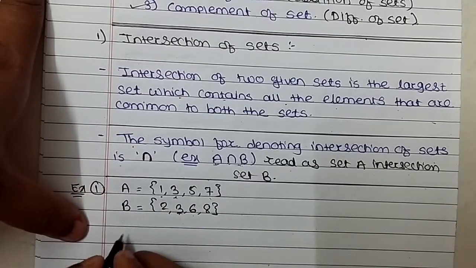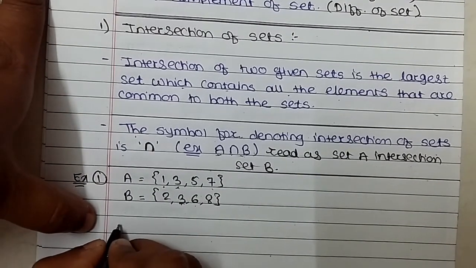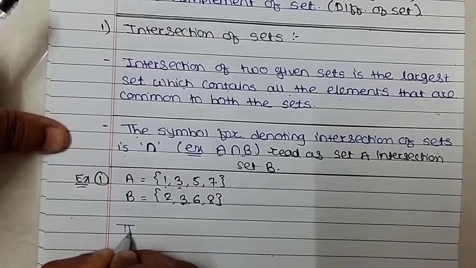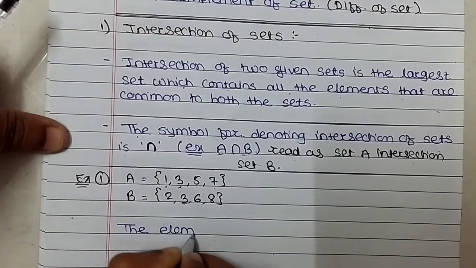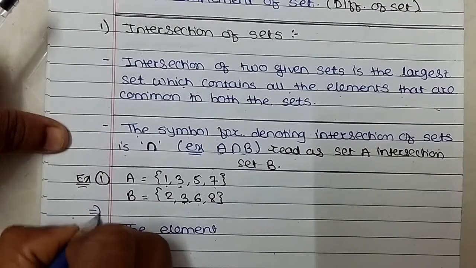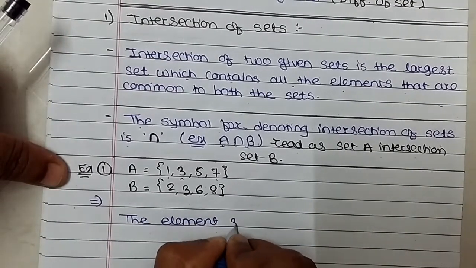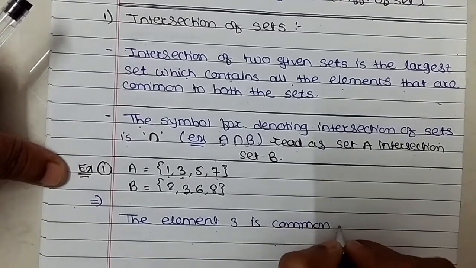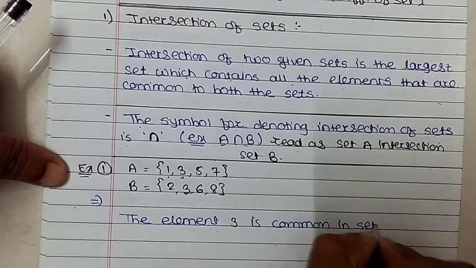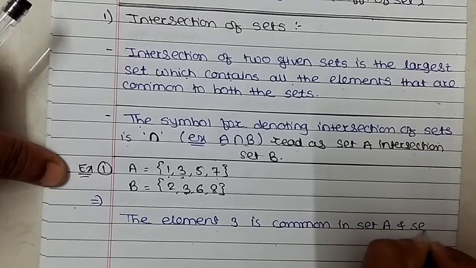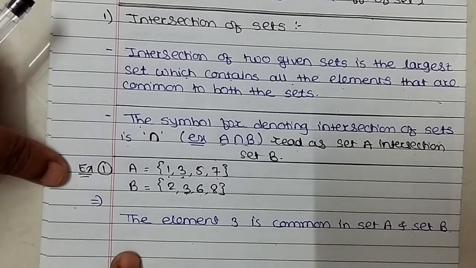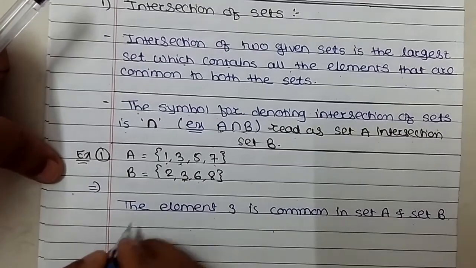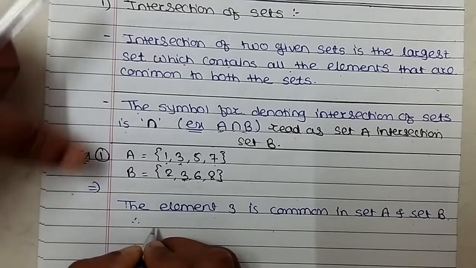So write down one statement here: the element 3 is common in set A and set B. Understand? 3 is common in set A as well as in set B. Therefore, how do we denote the intersection?